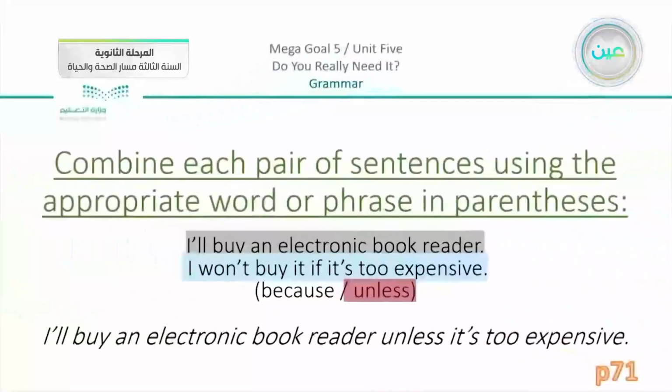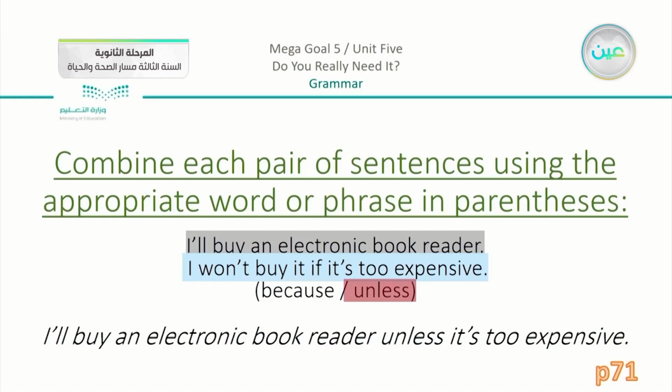Moving on with our third exercise, which is on page number 71, we have here: combine each pair of sentences using the appropriate word or phrase in the parentheses. This is just an example. We have here, I'll buy an electronic book reader, and the other sentence, I won't buy it if it's too expensive.